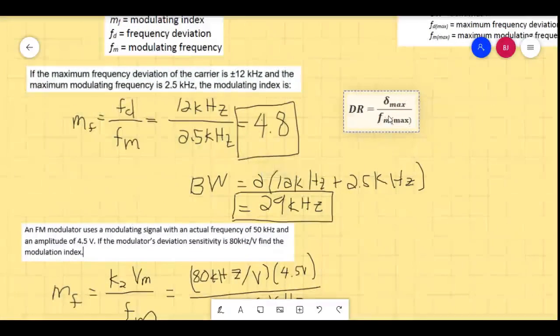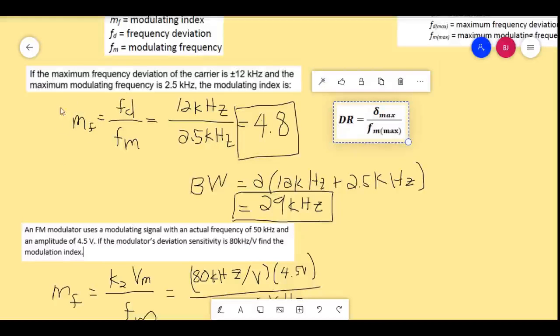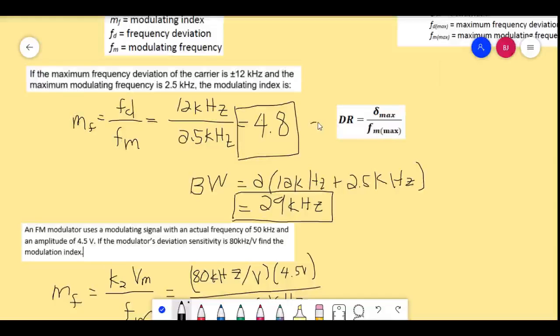In this case, our maximum frequency deviation was given at 12 kilohertz, and the maximum modulating frequency is 2.5, which is actually equivalent to our M sub F. And that is what you need to know with deviation ratio. For FM, deviation ratio and modulation index for FM are equal.